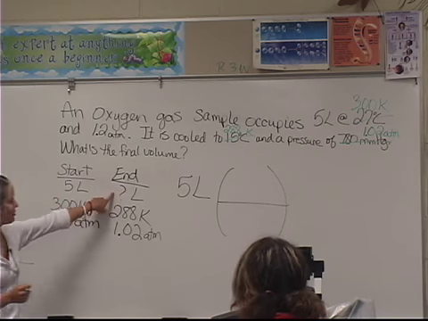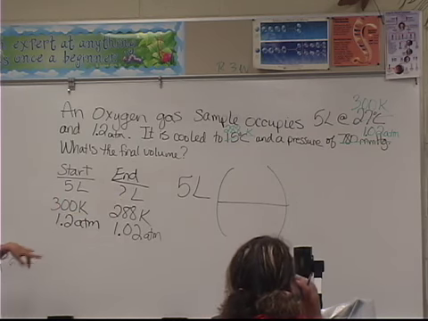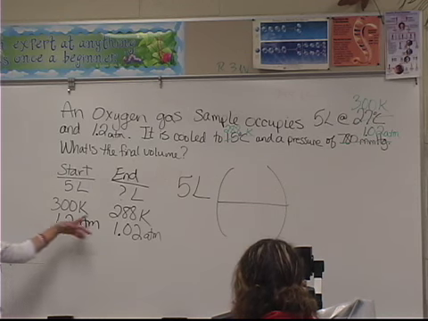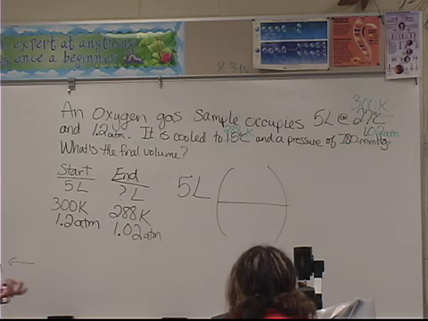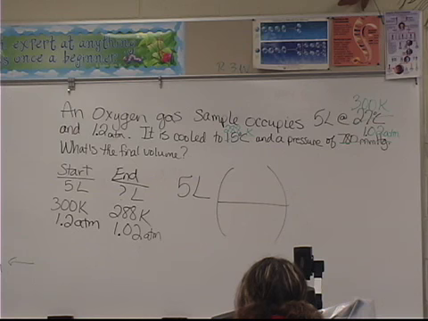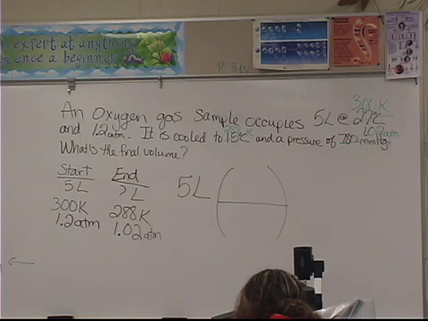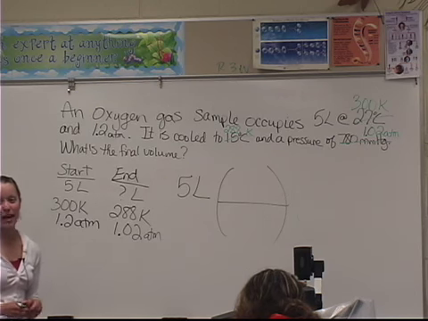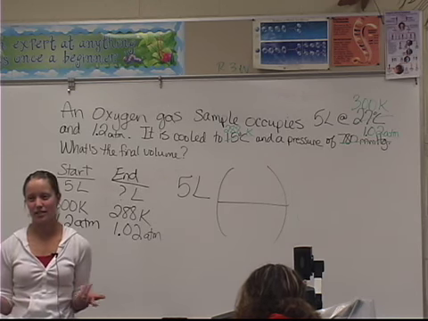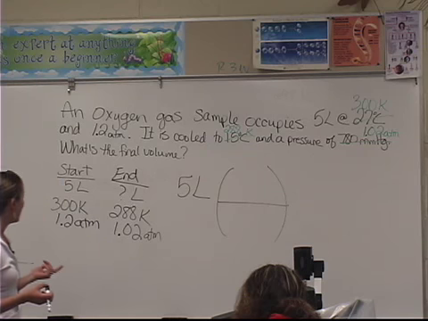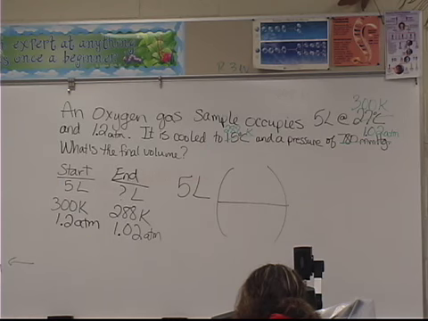Okay, liters is what we're looking for, so we don't want it to cancel. So first, we need to cancel kelvins and we need to cancel ATMs. Which one should I put first? Really, it doesn't matter because multiplying and dividing, it doesn't matter the order that you do that in. I always do a Boyle's first and then Charles just because that's the way I learned them.